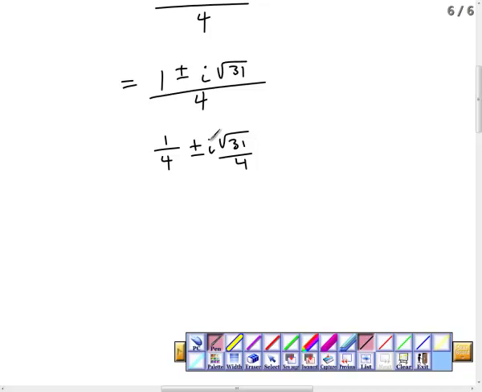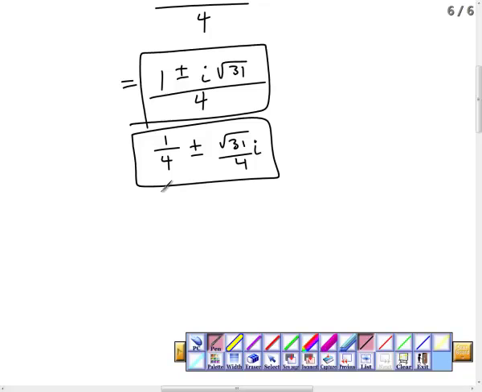So I prefer to keep it before the radical, but you'll see textbooks will have it off to the side. Okay, just be careful if you do it that way. And so you could actually write it either way. All right? Questions with that?